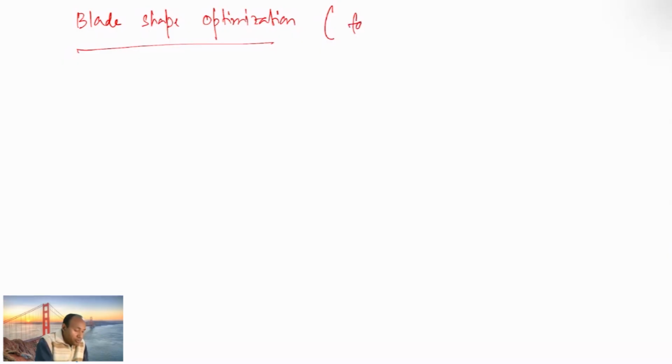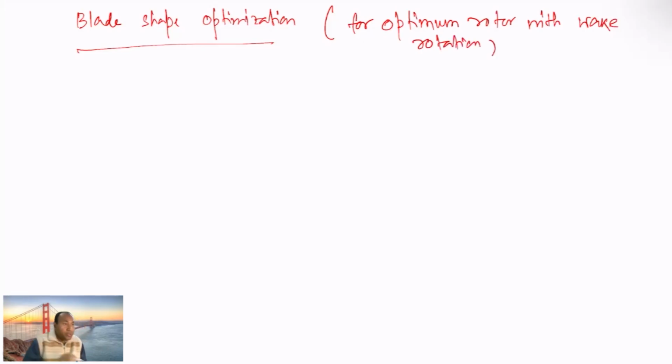I mean, this is for one can think about optimum rotor with wake rotation. Essentially what we'll talk about is the blade shape for an ideal rotor, which includes the effect of wake rotation, that we can determine using the analysis that can be developed for a general rotor.